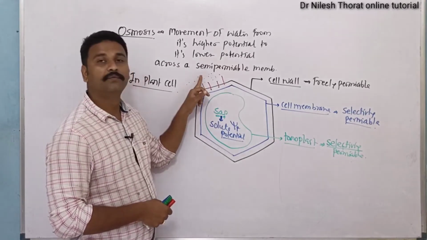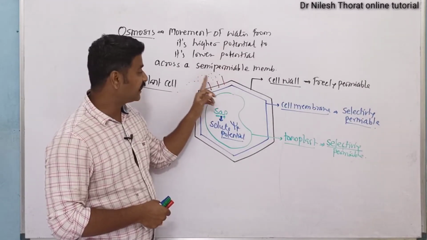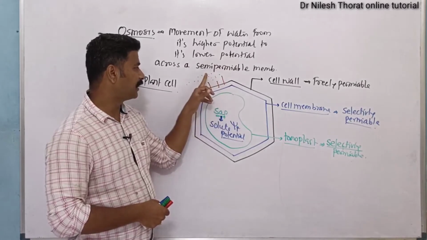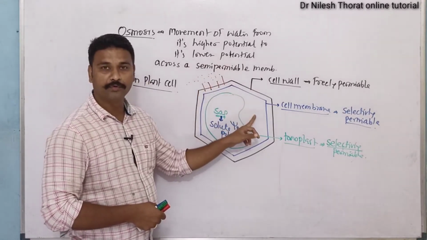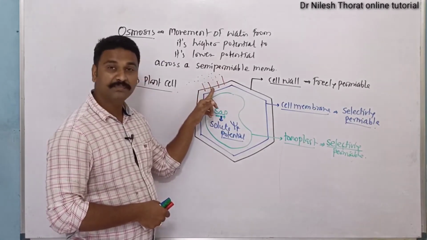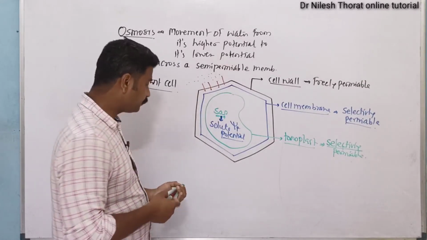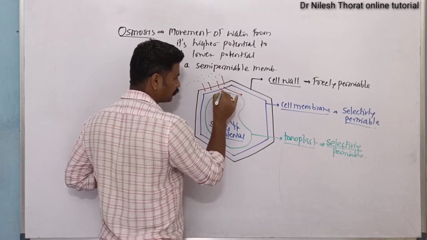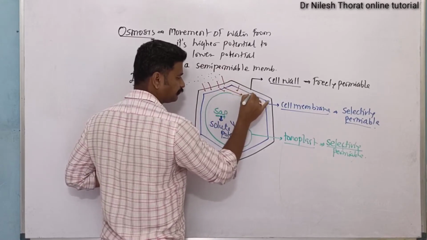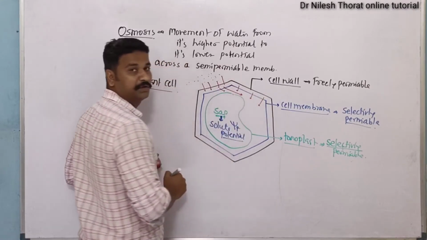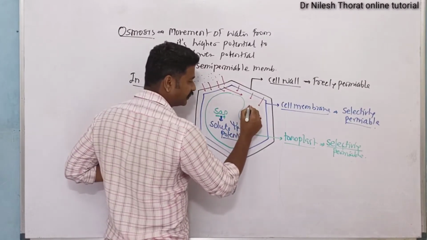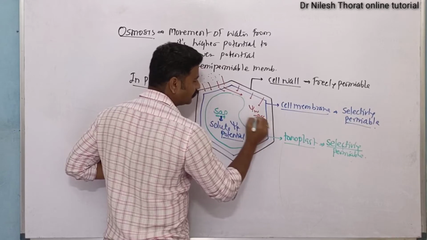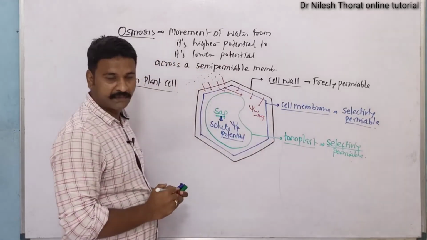If this water potential is more than this water potential, the water will move from higher potential to lower potential. That means from this space the water will keep on coming into the cytoplasm, because here the water potential, that is psi w, is negative compared to outside.